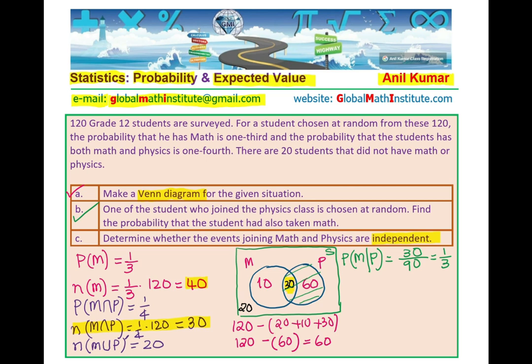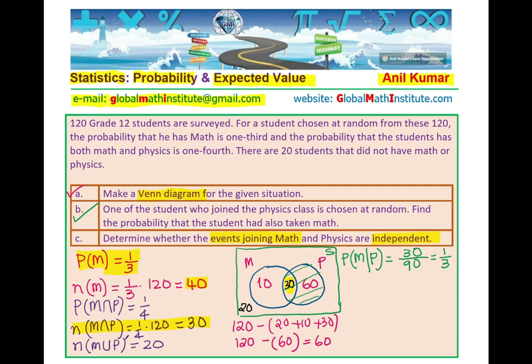Now, part C is determine whether the events joining math and physics are independent. So, there are a couple of ways to find this answer. So, what is the probability of getting math? Figure this out. Probability of math is given to us as one third.